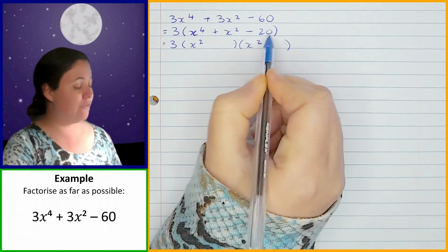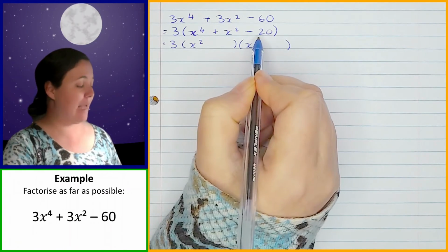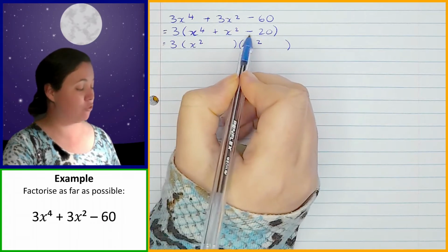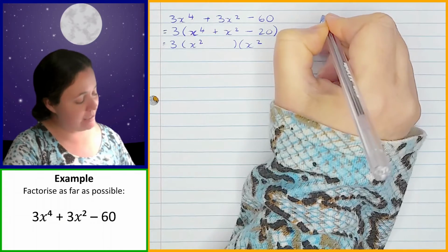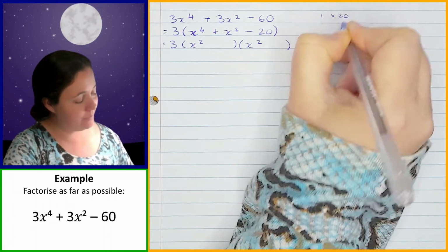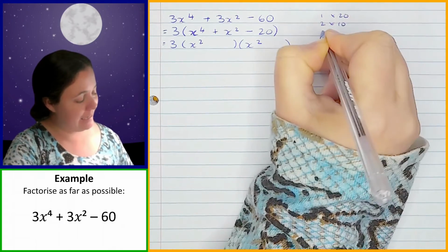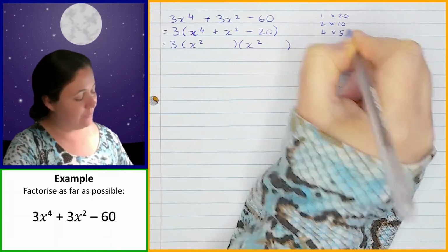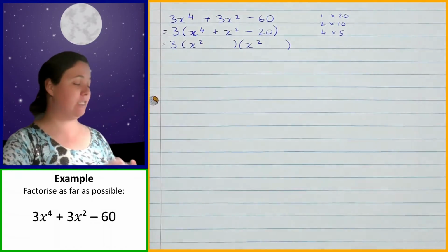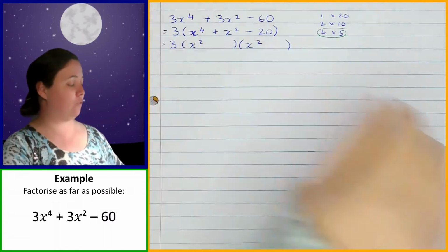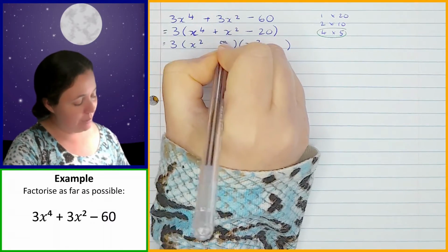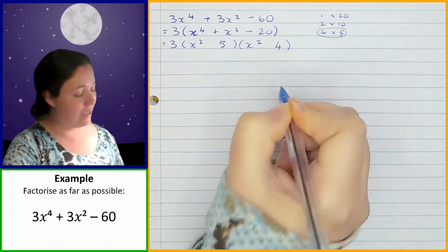Then I need to look at the factors of 20 and see which factors I can subtract to get 1. The factors of 20 are 1 and 20, 2 and 10, 4 and 5. The factors I can subtract to get 1 are 4 and 5. 5 minus 4 is 1. So I'm going to have 5 in one bracket and 4 in the other bracket.